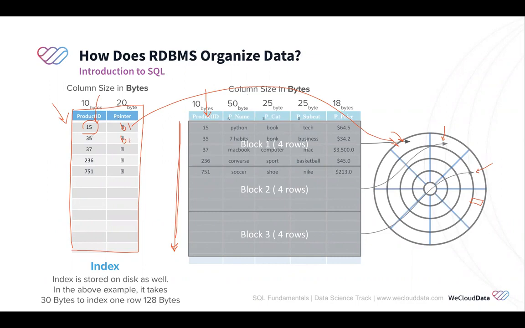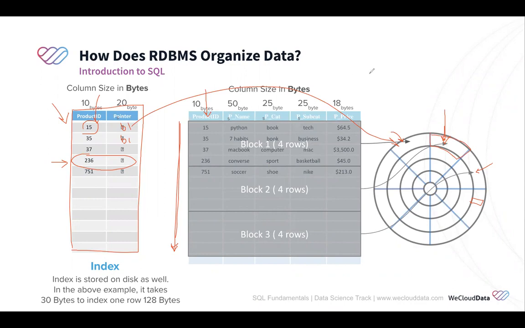So next time, if we're searching for product ID 236, we just need to hit the index first, and the index is going to tell you that, okay, it's in block 2. Now you can skip many other blocks. You just need to go directly to block number 2, and then read 4 records until you find that product ID that you need.